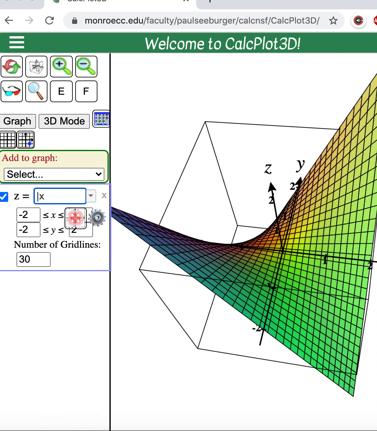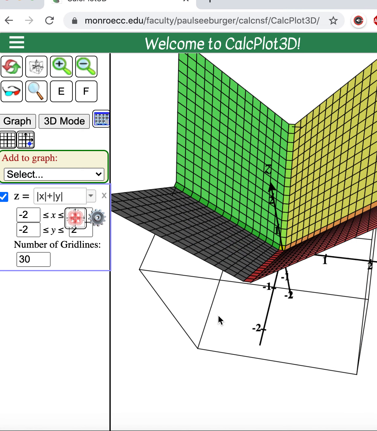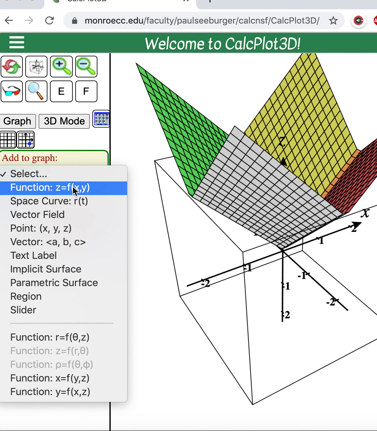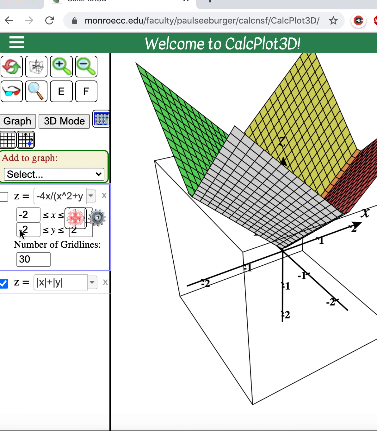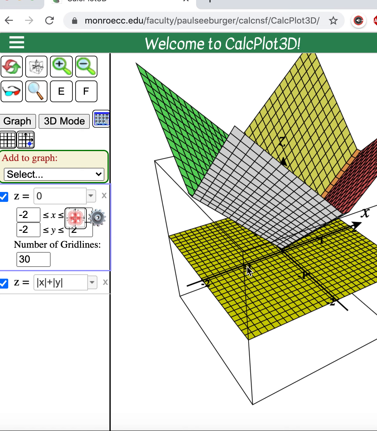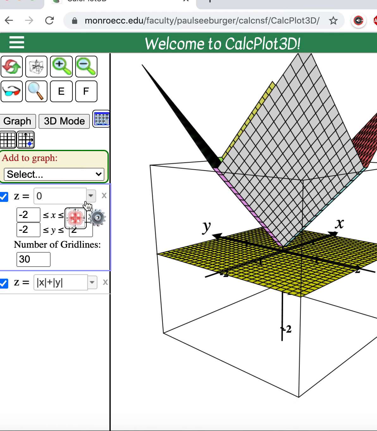So first, let's put in our function. And yeah, that's a strange looking function. Alright, now in order to get the level curves, one thing we could do is we could add more functions. And the idea is we could create several planes at different z values.